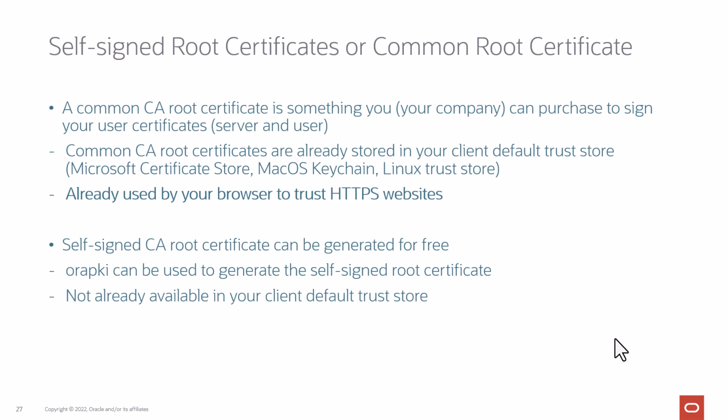However, if you go for the self-signed certificate authority approach, then nothing is already present on your client to validate your signature. So you need to install, more or less manually, the root certificate that would be used by the client to check the signature of your server certificate.